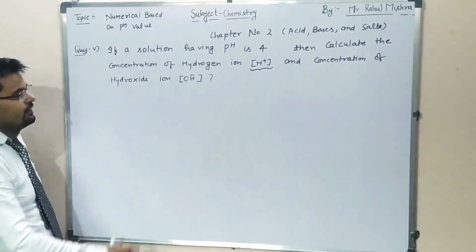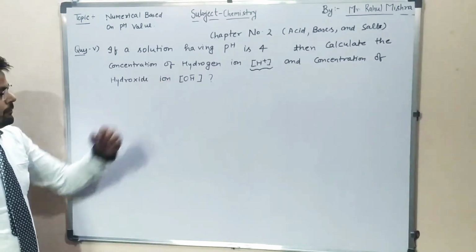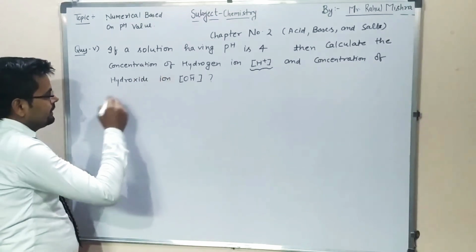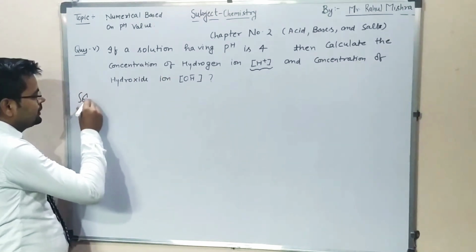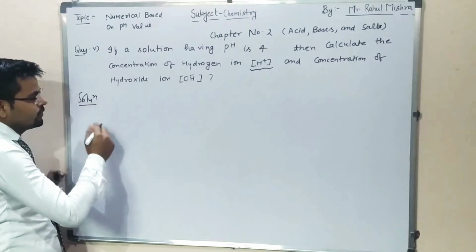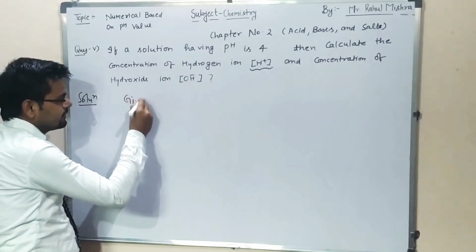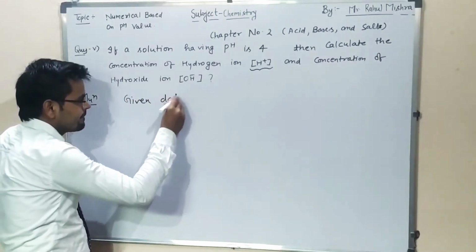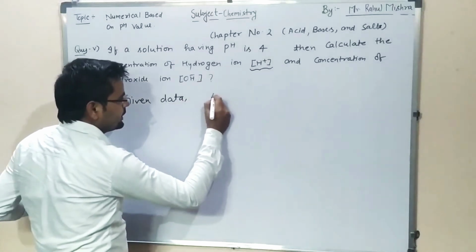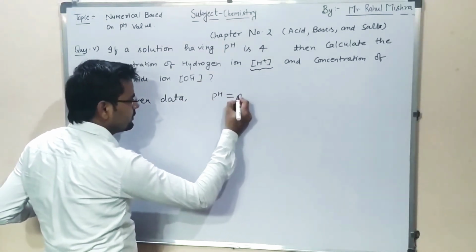So listen, now we solve this question. In this question, the given data is pH is equal to 4.